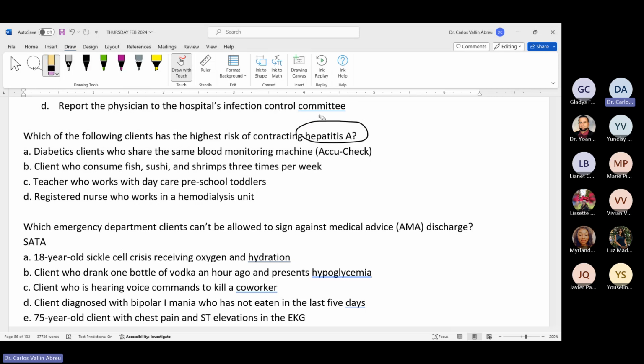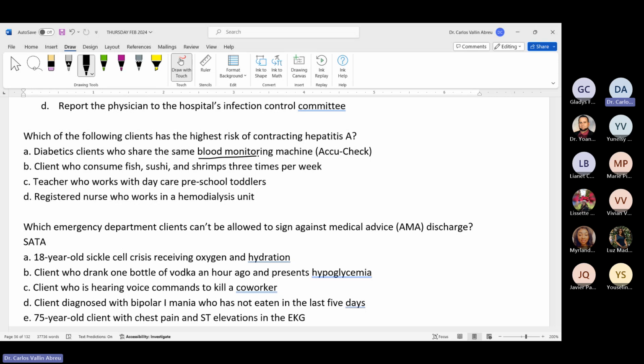That's why it's not frequent. But when it's seen here in the United States, it's seen mainly in young people.